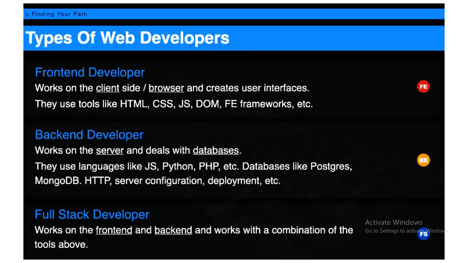They use languages like JS, Python, PHP, etc., databases like Postgres and MongoDB, HTTP server configuration, deployment, etc. Now we see full stack. Full stack developers work on the front end and back end and work with a combination of the tools above.